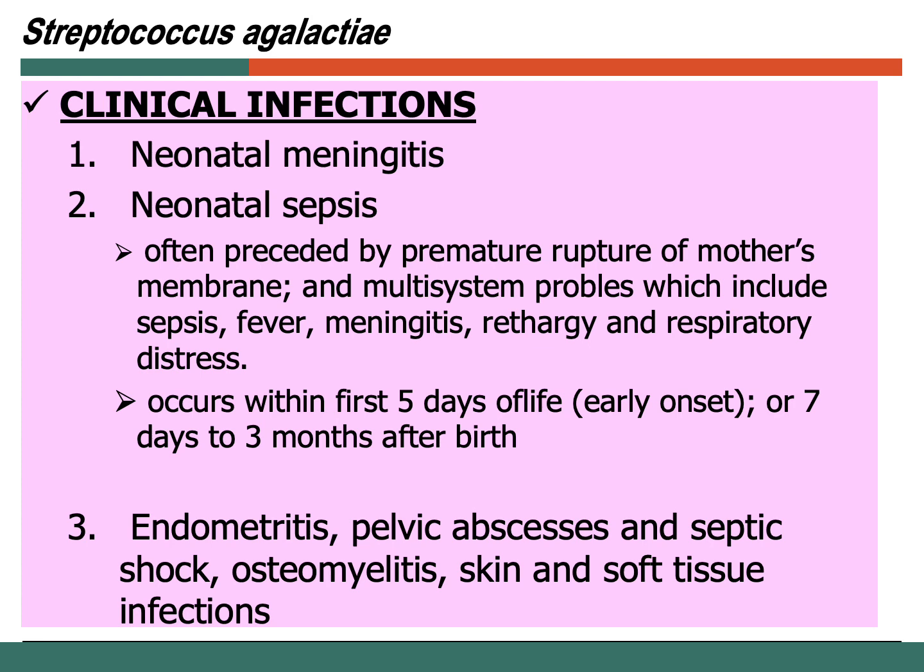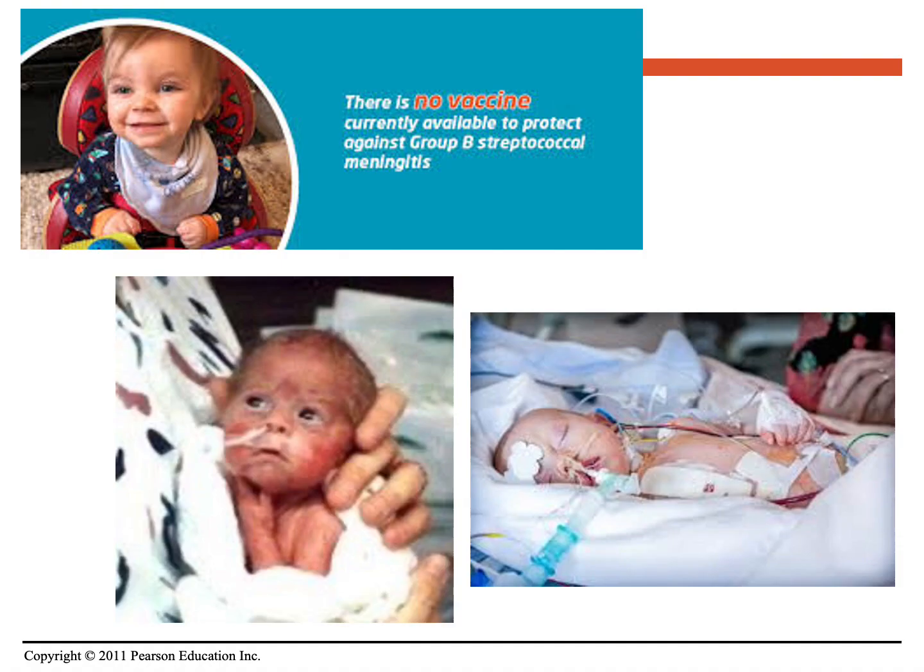So clinical infections, pathology of Streptococcus agalactiae or your GBS includes neonatal meningitis, neonatal sepsis, and it can also cause endometritis, pelvic abscess, and septic shock, okay, if not treated. So there is no vaccine currently available, class, to protect against group B Streptococcus meningitis.